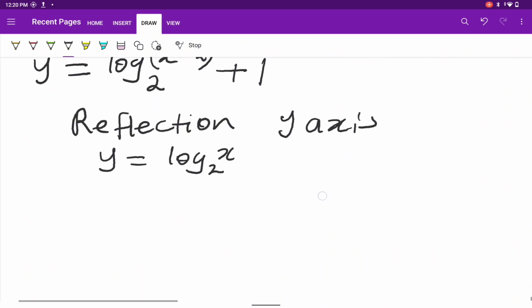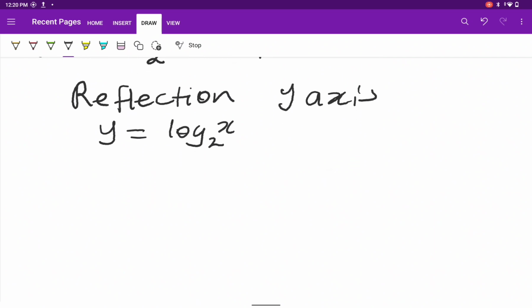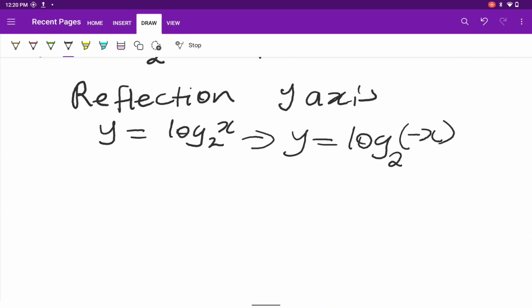Remember, for reflection along the y-axis, x changes the sign, so the answer will be y equals log of negative x. That will be the new equation reflected along the y-axis.